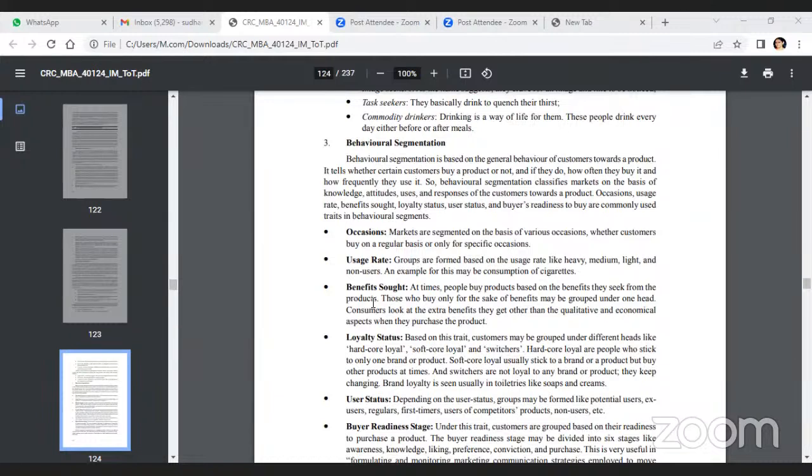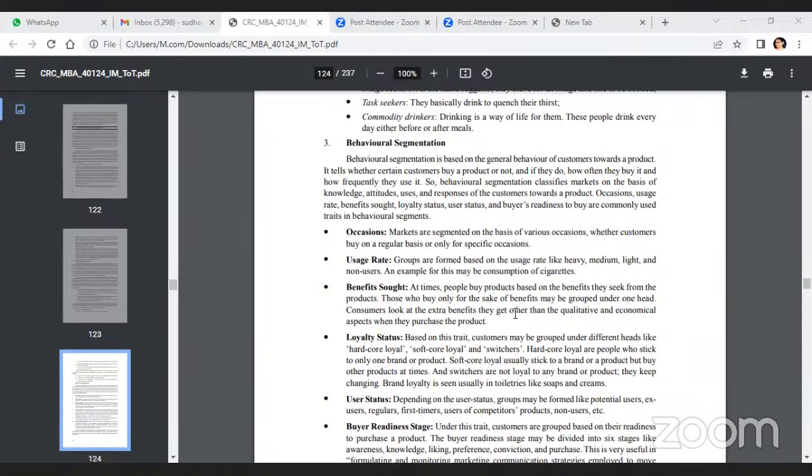And then consumers are divided based on the benefit sought. People buy the products only based on the benefits that the product gives.